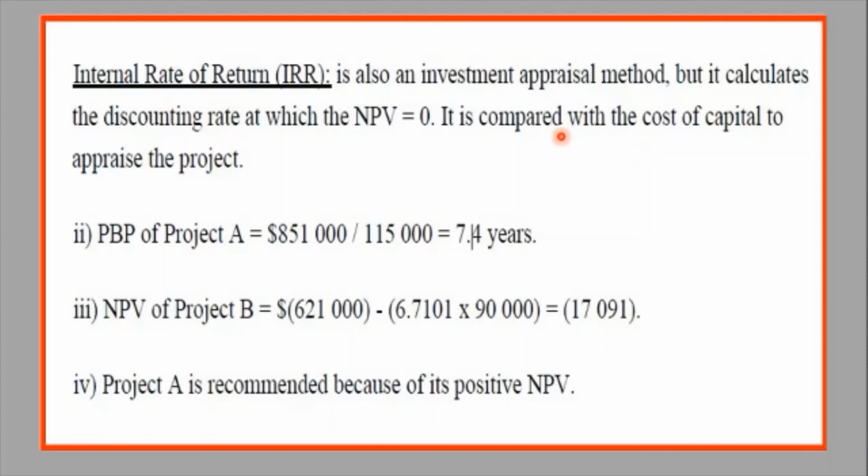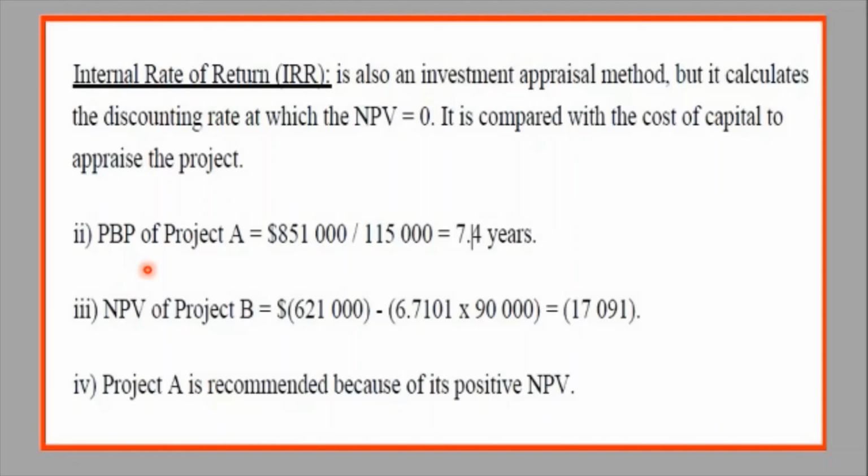So one of those two, and you compare it with the rate that you calculate, the discounting rate at which NPV equals 0, and appraise your project that way. That's the internal rate of return, IRR.